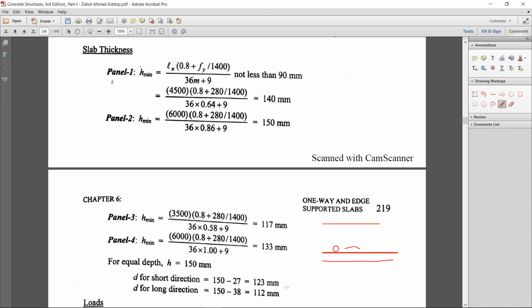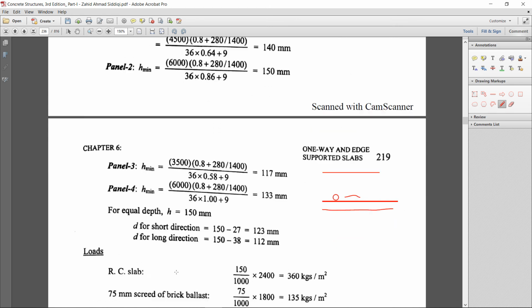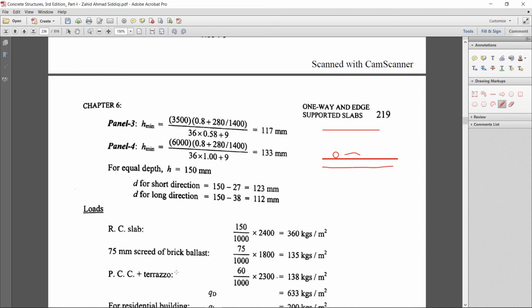Now we have decided the effective depth d of our slab sections, for the short and long direction. Now we will move to the loadings. Here we have selected a 150 millimeter slab.